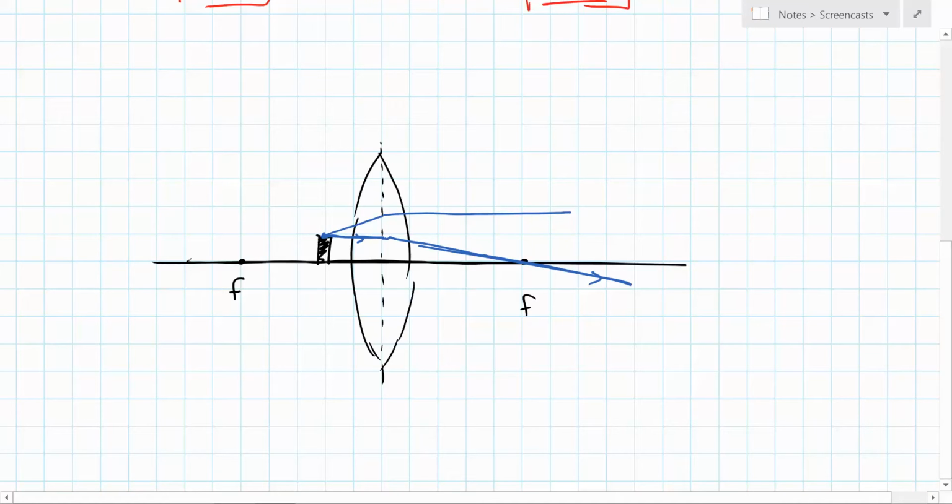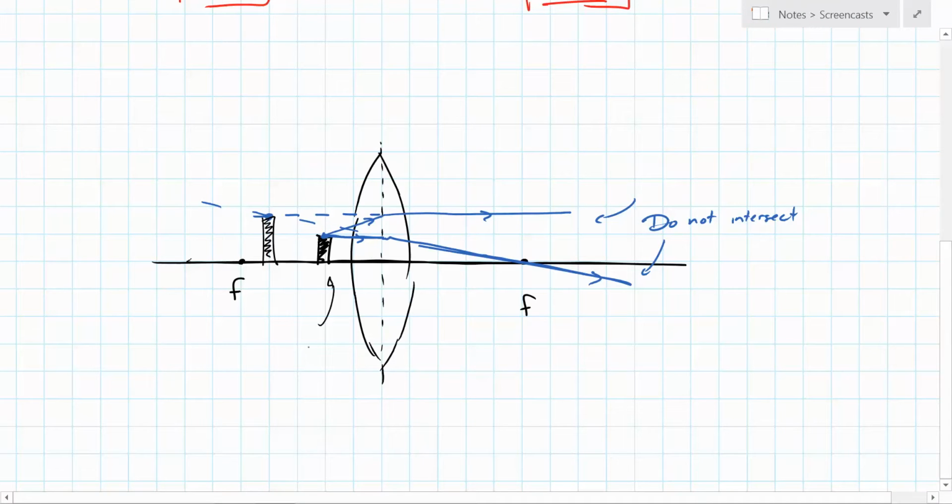That might look a little tricky, but it's important to think that it's still being bent towards the axis. Looking at these 2 rays, we see they do not intersect. So we go back to our tried and true method and extend virtual rays backwards. We used to do this into the mirror, but now we're doing it into the lens. Back here is where our image will be.